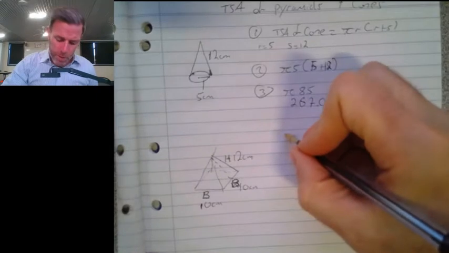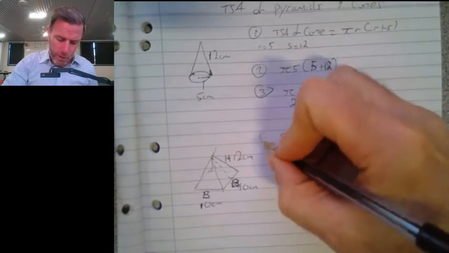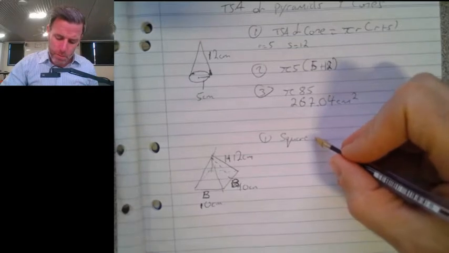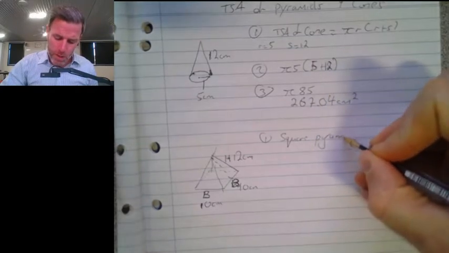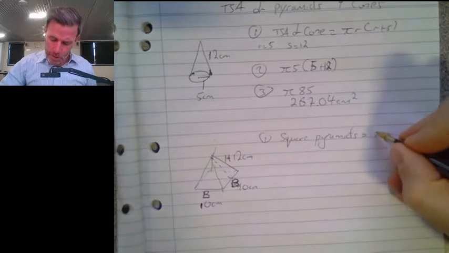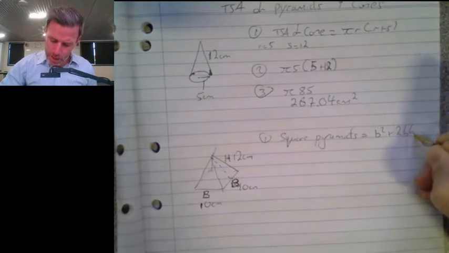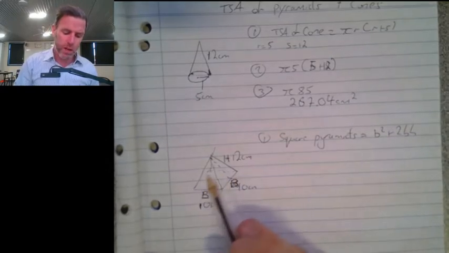So for a square base pyramid, the formula is TSA of a square pyramid is equal to b squared plus 2bh. So if you think about it, b squared is the area of the base here.